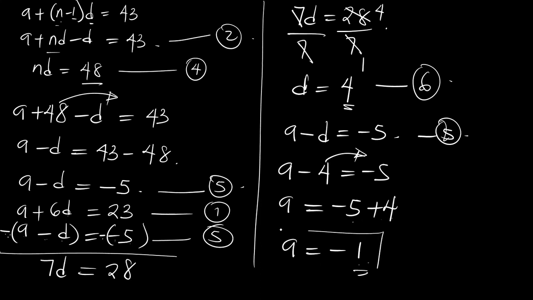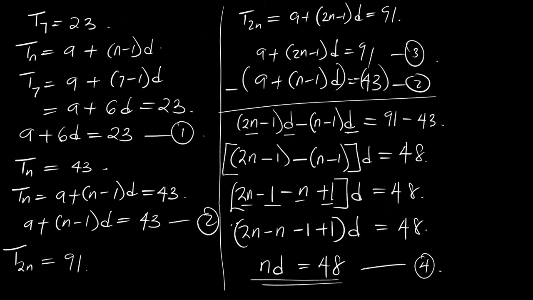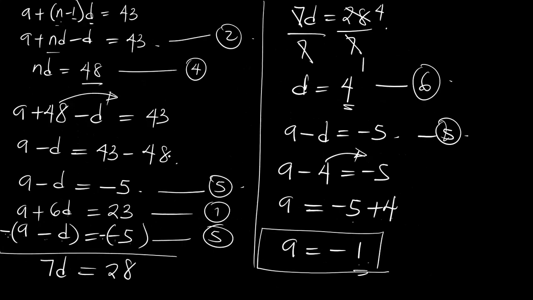So this is the answer for a. A is equal to minus 1. So we've gotten a to be equal to minus 1. Now we also got d to be equal to 4. And we know that from equation 4, nd is equal to 48.